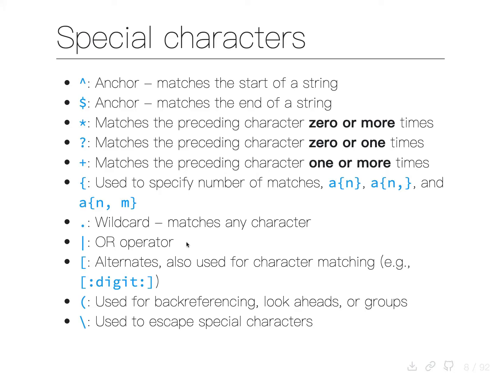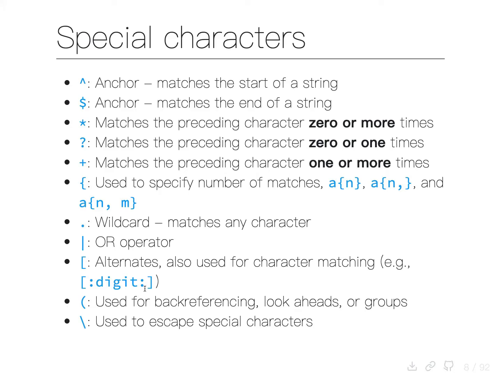And then you also have the square brackets, and those can be used for actually quite a few different things. One of them is that there's this whole sequence of things like digit, where you can search for digits within a string. There's also ones like alpha and whatever.